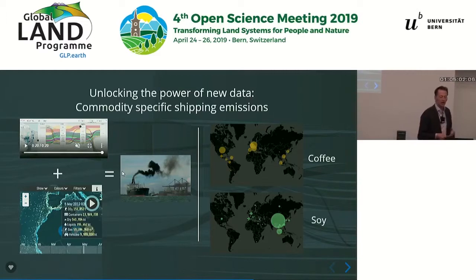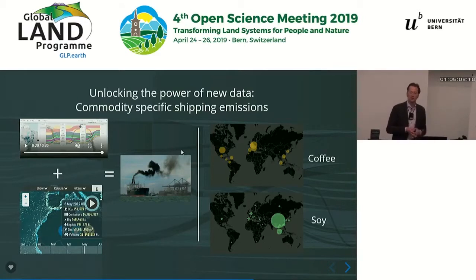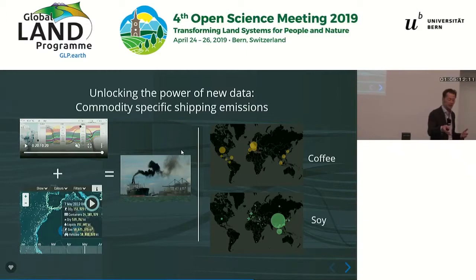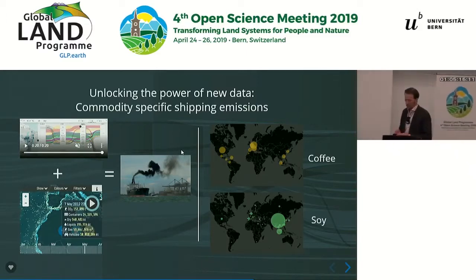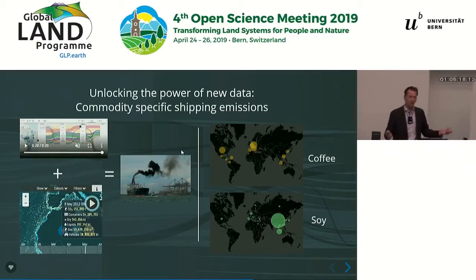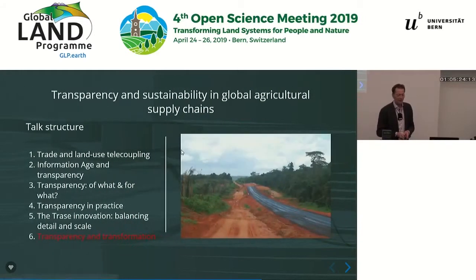So you can then look at what's the difference over time in the total amount of transportation emissions linked to maritime shipping of coffee and of soy. And here, of course, because China is sourcing its soy from the other side of the world, it has a huge, much greater impact than Europe. And that's unfortunate if you're Chinese. But those are some of the realities that we need to start to take account of.